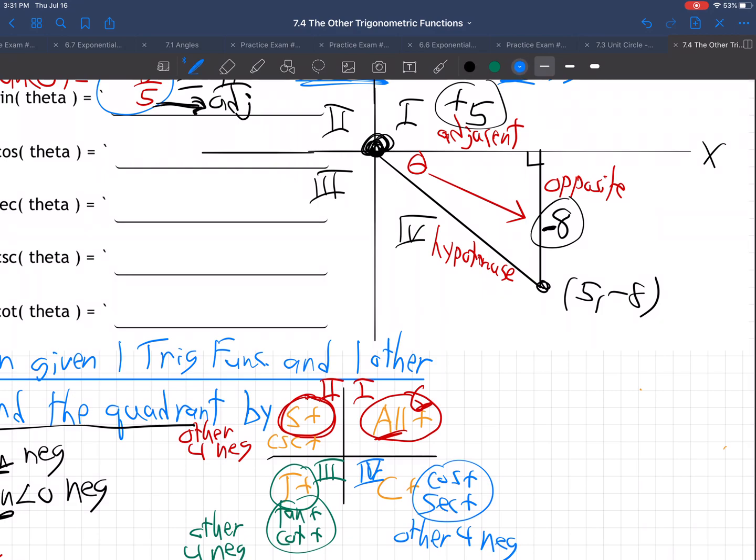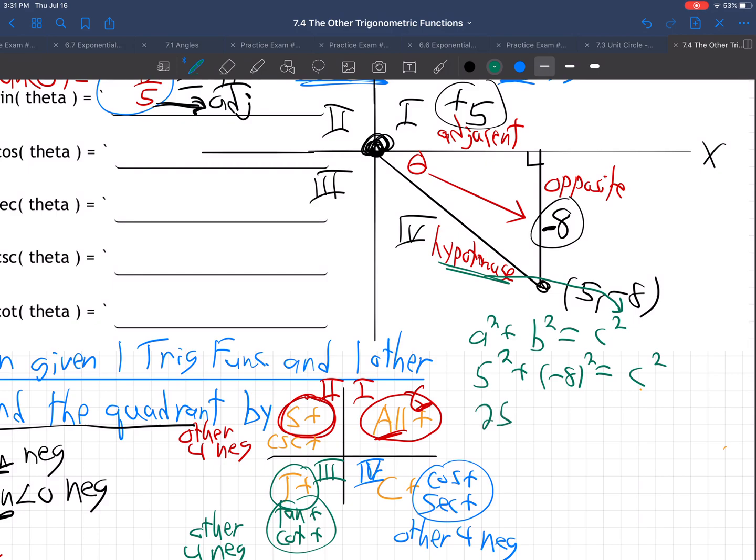So a squared plus b squared is c squared. So which one's the c? The c has got to be the hypotenuse. So we'll say 5 squared plus negative 8 squared is c squared. C is always the hypotenuse because it's the longest side. So the other two have to add up to equal it, squared.